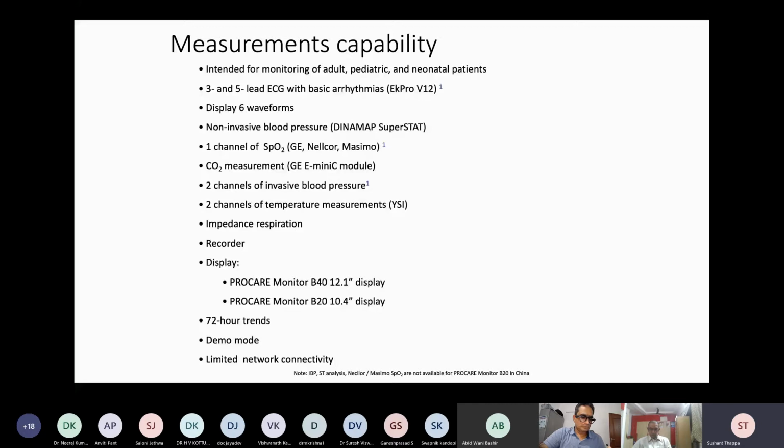And those options are available within different monitors. I've just taken some representative monitors for GE here, but essentially they can also be hooked to larger displays. And now we're seeing a lot of trend where once the data is digital, monitors are hooked up to larger displays.